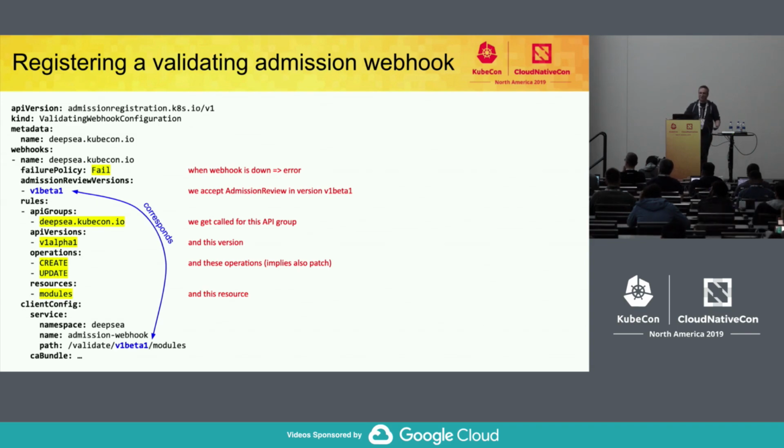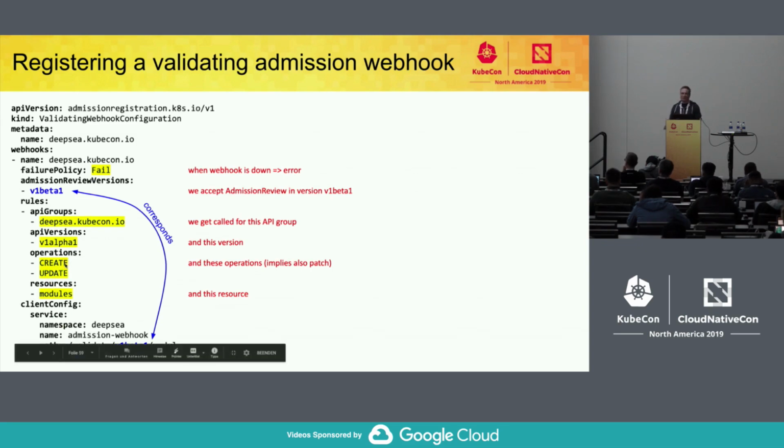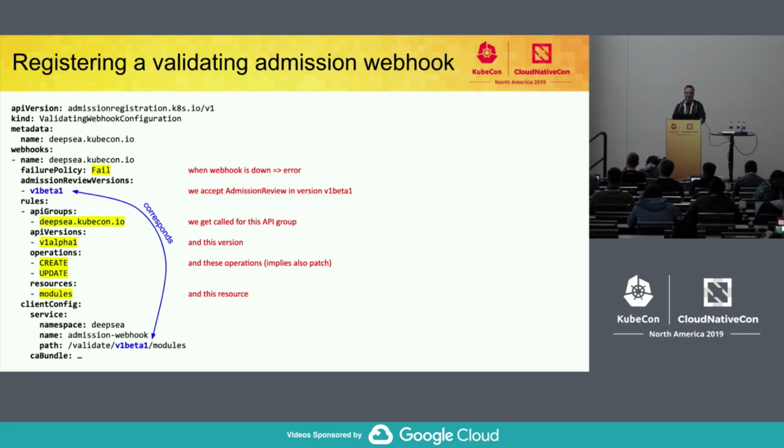If your webhook goes down, those objects, in our case the modules, are basically not working anymore. So be prepared. If you validate pods, for example, and your webhook goes down, you will have a hard time restarting it, because the pod for the webhook is also going through the webhook. It's a circular self-reference. So try to restrict it and be prepared for those self-references.